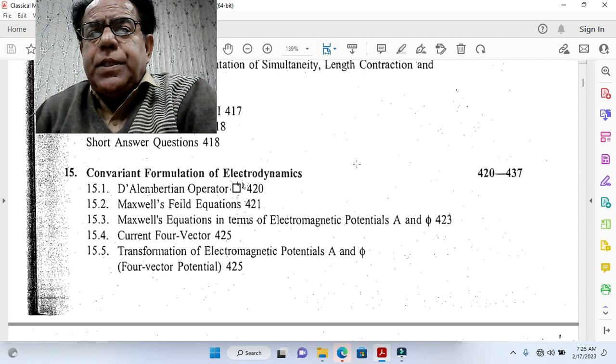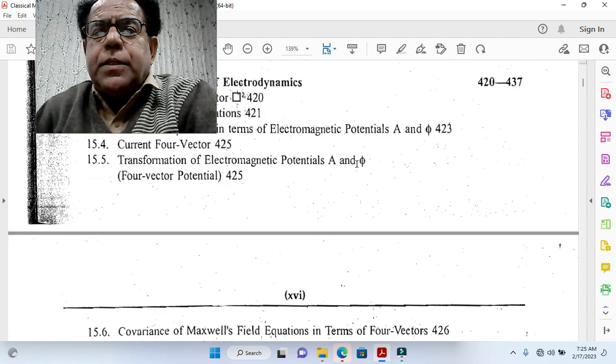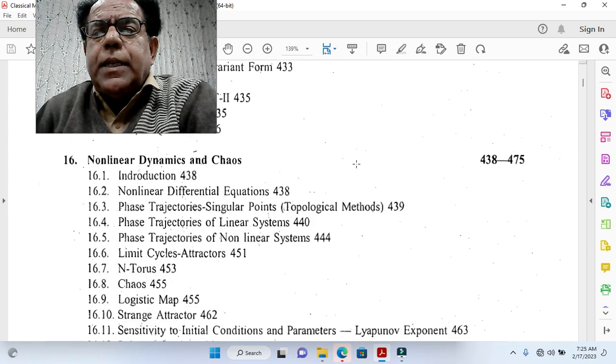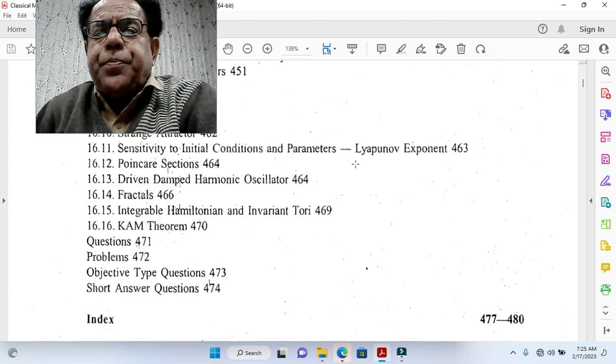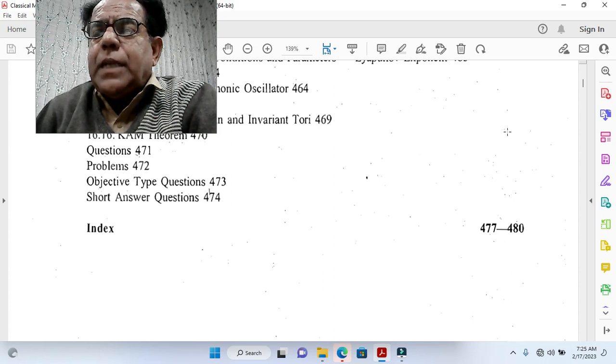Chapter number 15, covariant formulation of electrodynamics. Chapter number 16 is non-linear dynamics and chaos, and the index is given from page number 477 to 480.